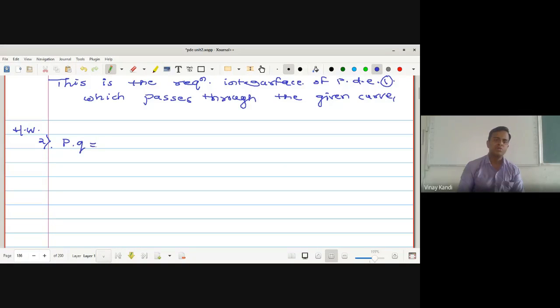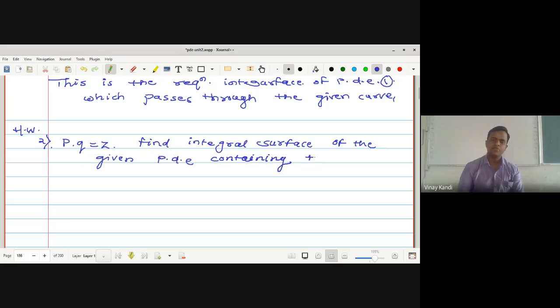P into Q is equal to Z. Find the integral surface of the given partial differential equation containing the curve x is equal to 0 and z is equal to y square.